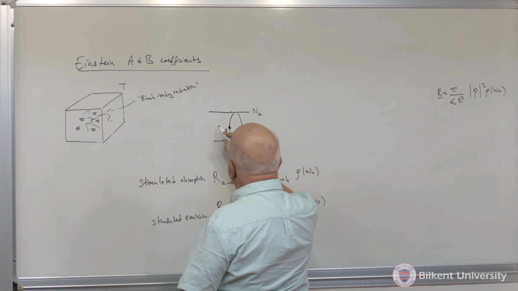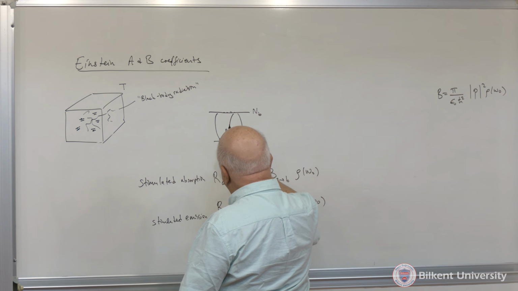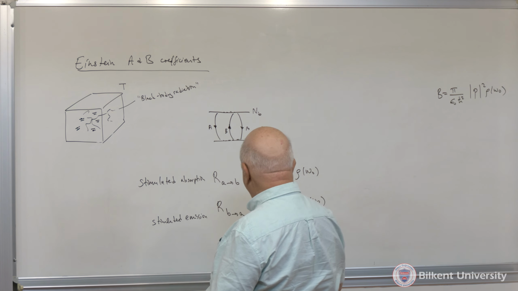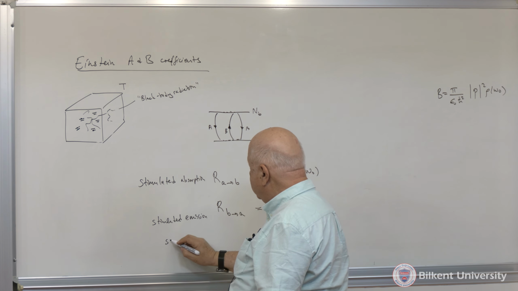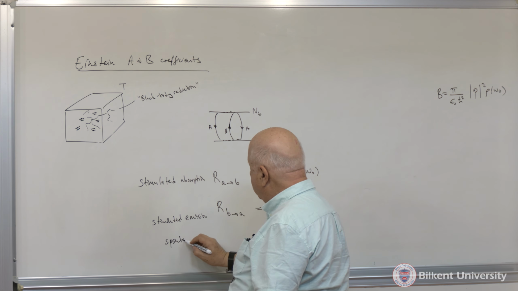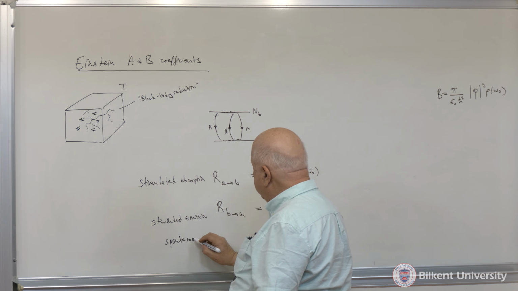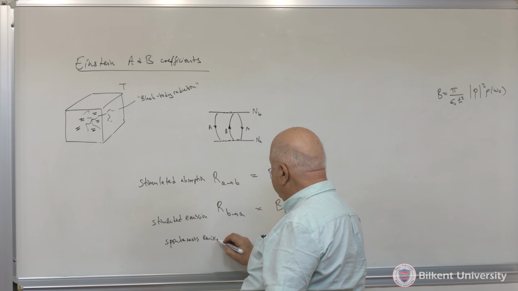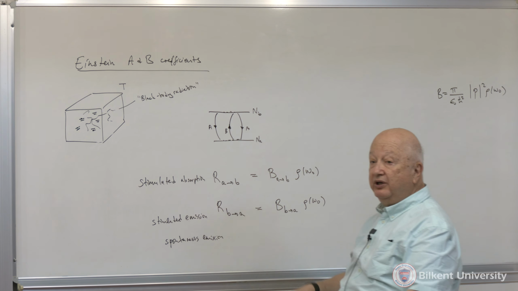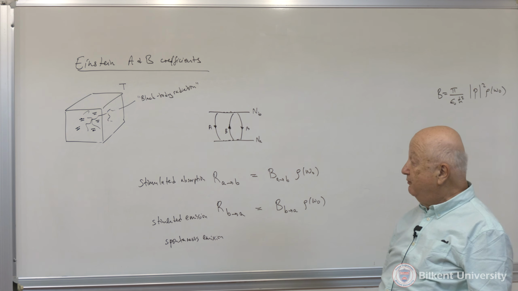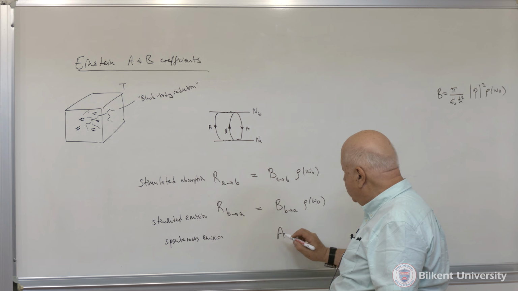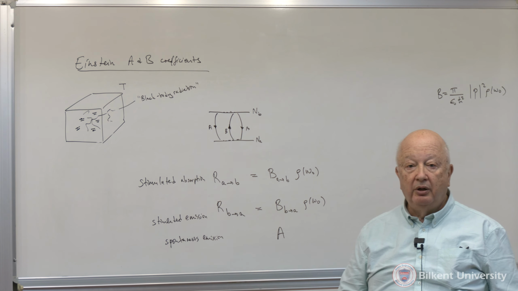Now, Einstein also said there must be some other process, A, which is the spontaneous one. Spontaneous means it happens by itself. So even if there's no field, nothing that's influencing anything, you have some rate which he called the A rate.